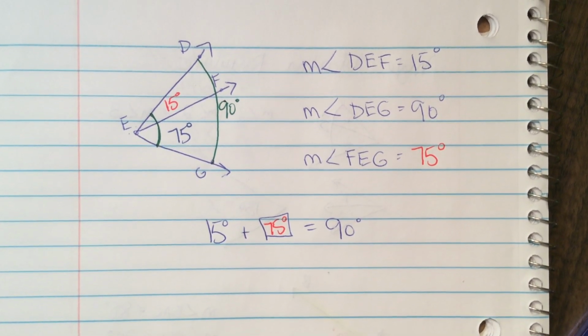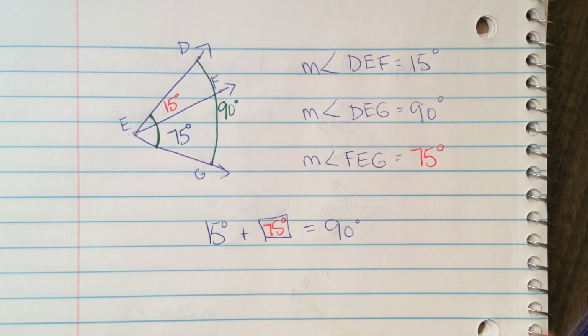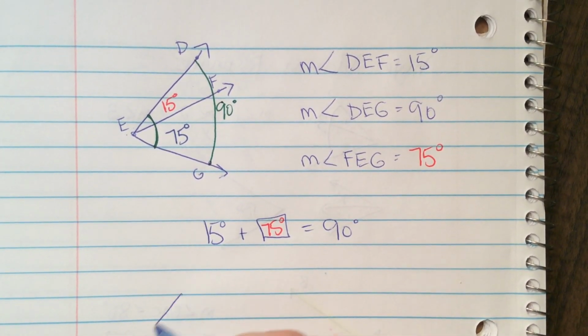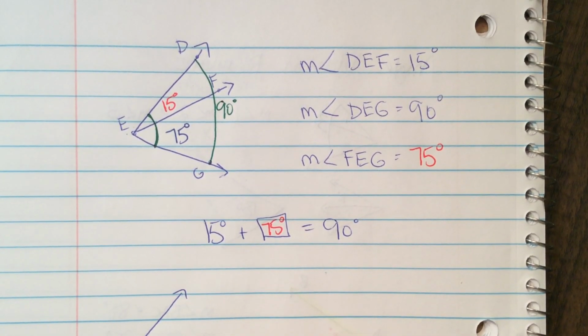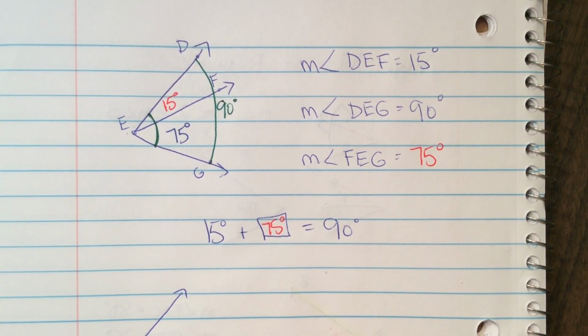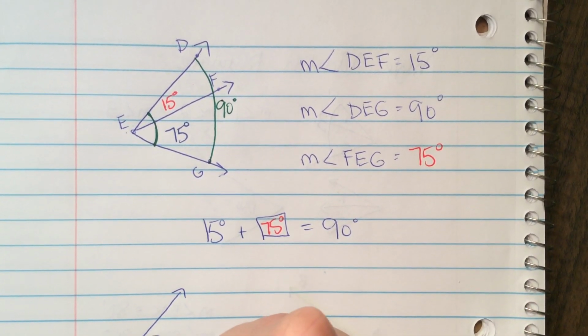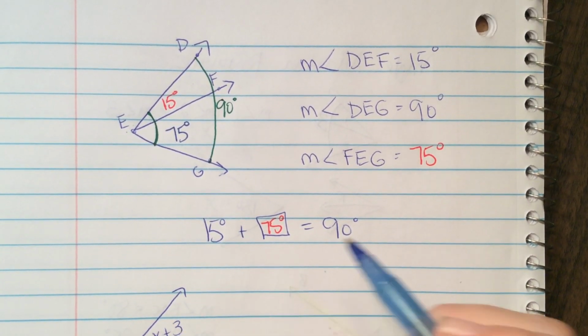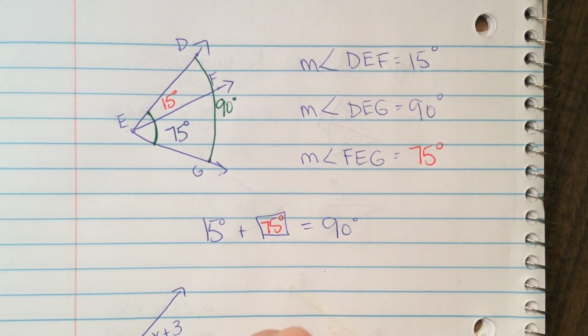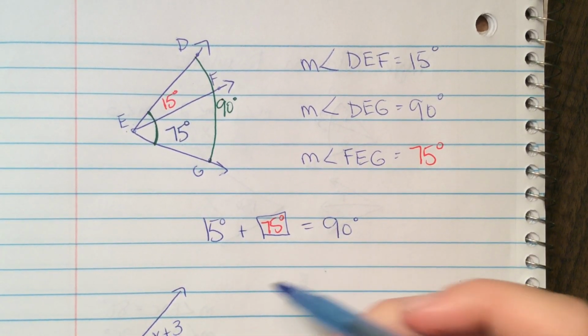Let's try another one. Let's do, what if it tells us something algebraically? Let's say it says this is x plus 3 and this is 20 degrees.